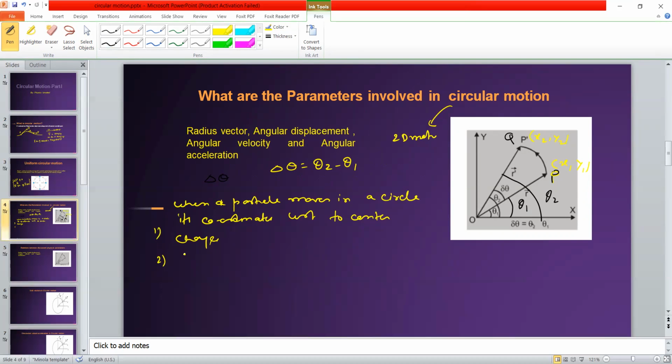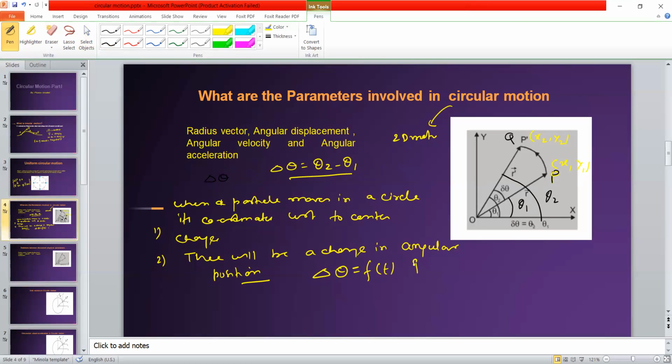Second, there will be the change in angular position, as we have already told you. Now, if del theta is a function of time and the coordinate is changing, so there is some arc also involved.